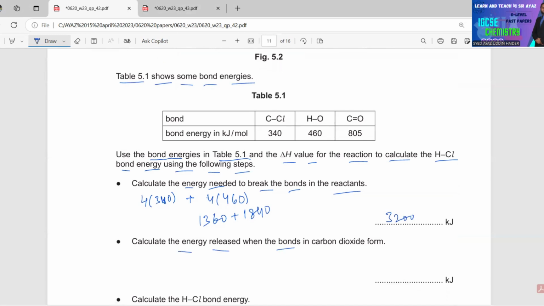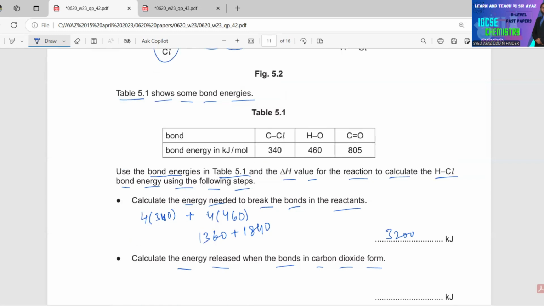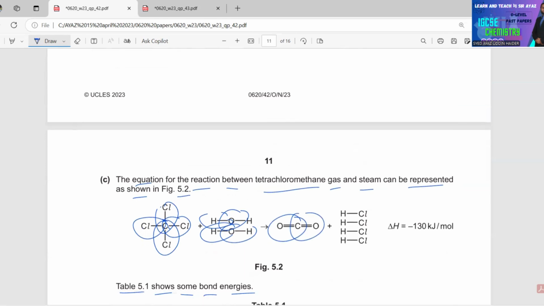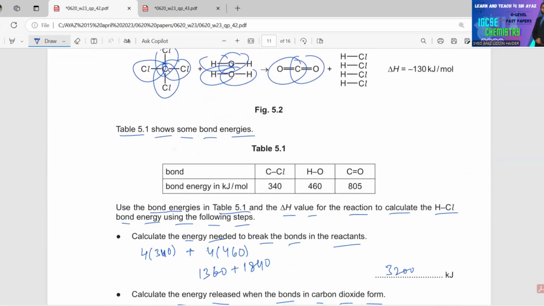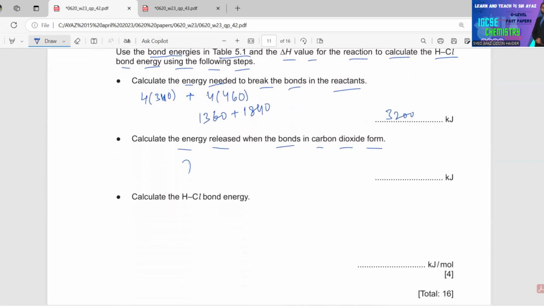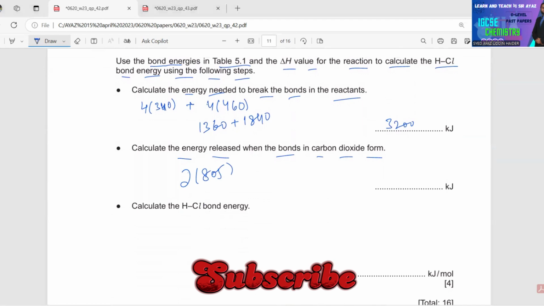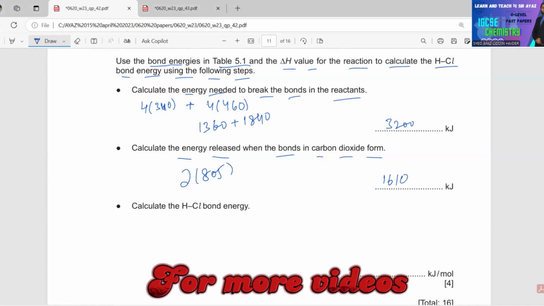Calculate the energy released when the bonds in carbon dioxide form. So carbon dioxide has 2 bonds, so we multiply 2 by 805, which is 1610.